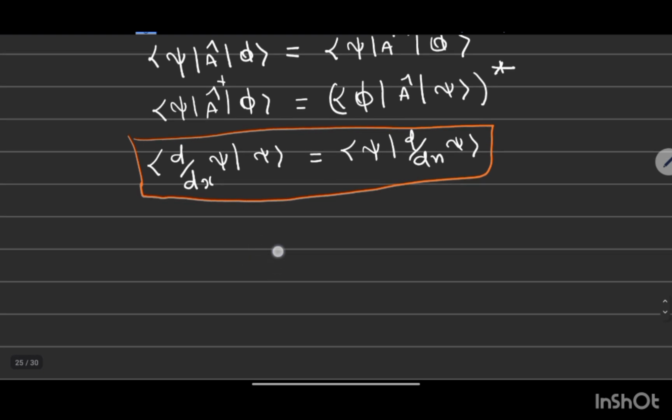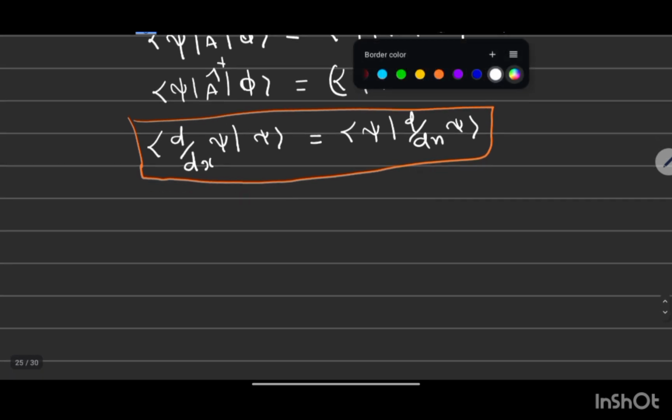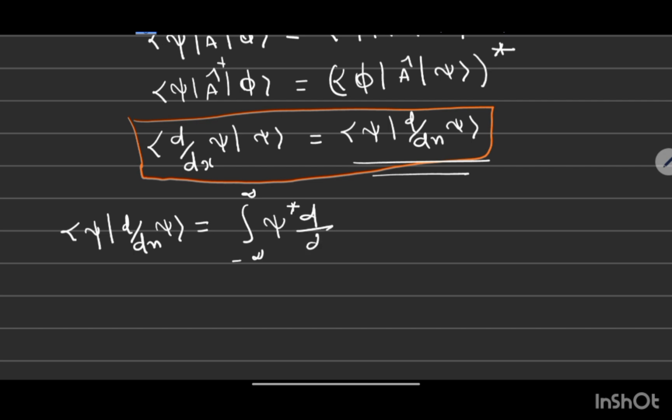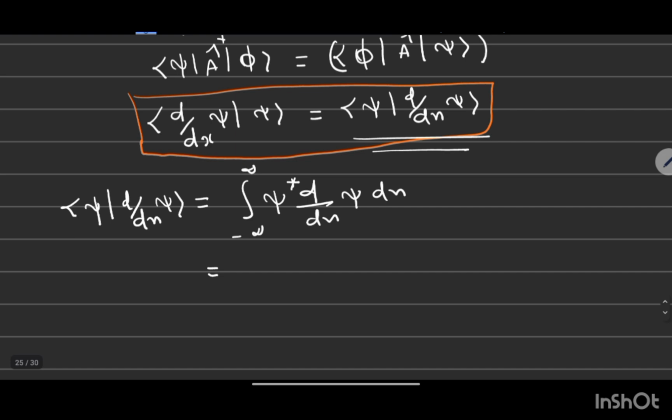Now let's check whether the d/dx operator is Hermitian or not. I am taking a well-behaved state vector from the Hilbert space and checking this. This is equal to the integral from minus infinity to plus infinity of psi star d/dx of psi dx, which can be solved using integration by parts.